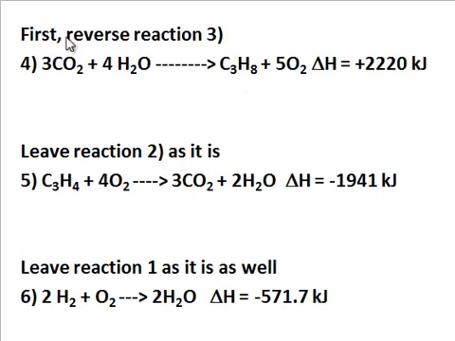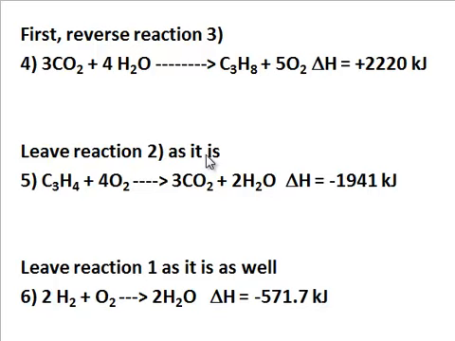First thing to do is reverse reaction 3, which you've noted I already numbered 4 in this case. And that produces C3H8 on the right, 3CO2 and 4H2O gives C3H8 and 5O2. And delta H for that reaction becomes positive. I can leave reaction 2 as it is.